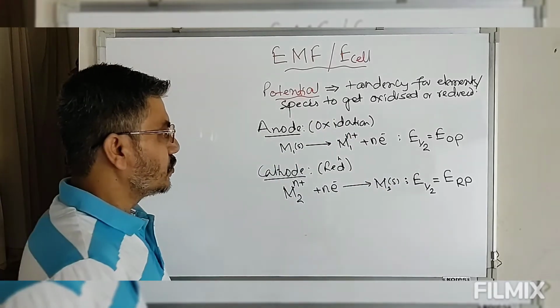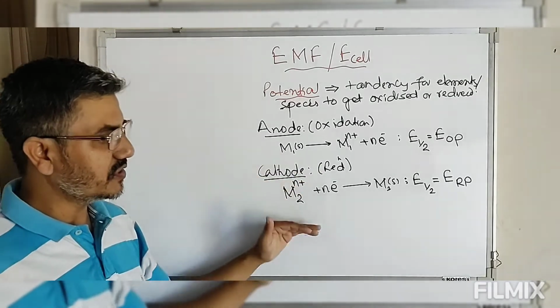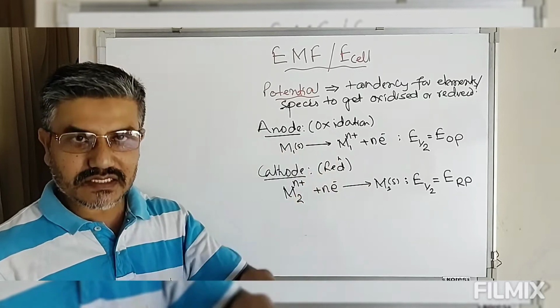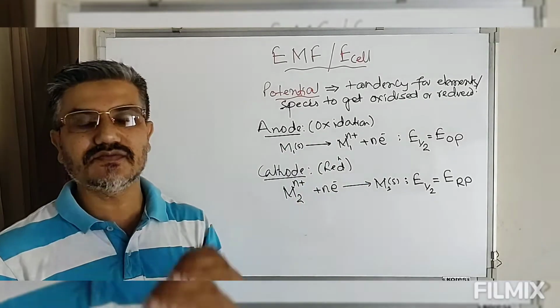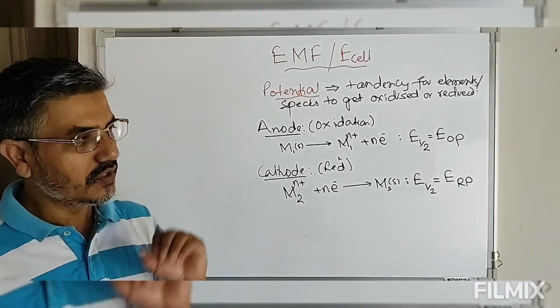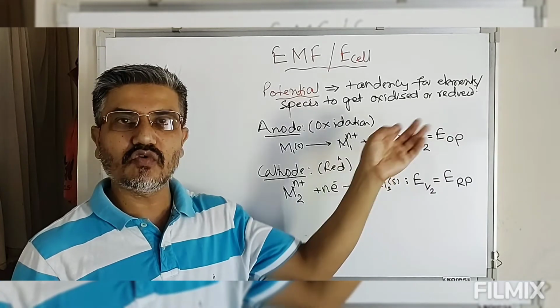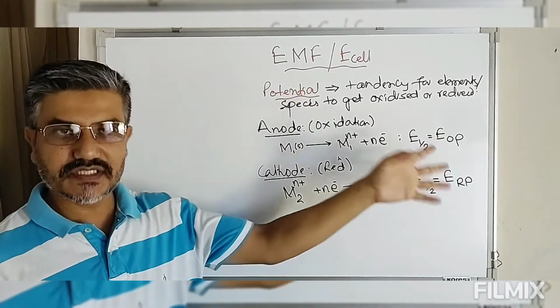So now we have to specify that the oxidation potential or reduction potential will measure the actual tendency for the species to get oxidized or reduced. Simply saying, the more the value of oxidation potential, the more will be the tendency for this metal to get oxidized.